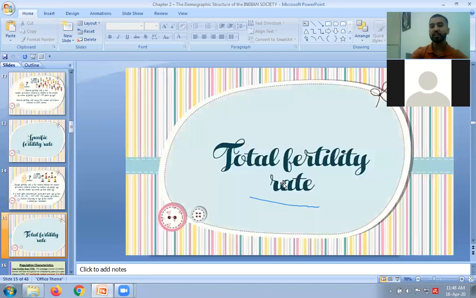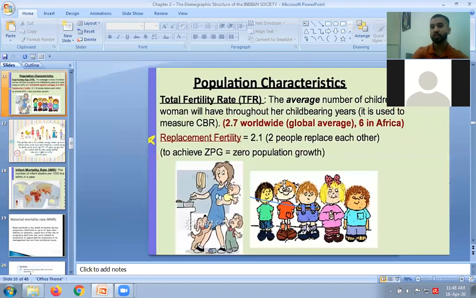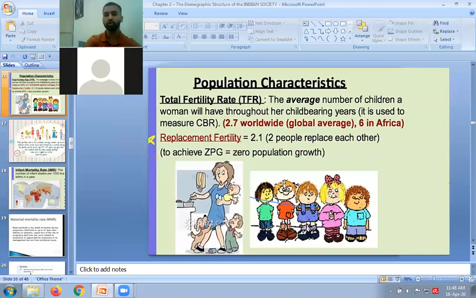So total fertility rate is just the average number of children a woman will have throughout her childbearing years. The childbearing years are from 15 to 49. So we know that childbearing years are from 15 years of age up to 49 years of age.